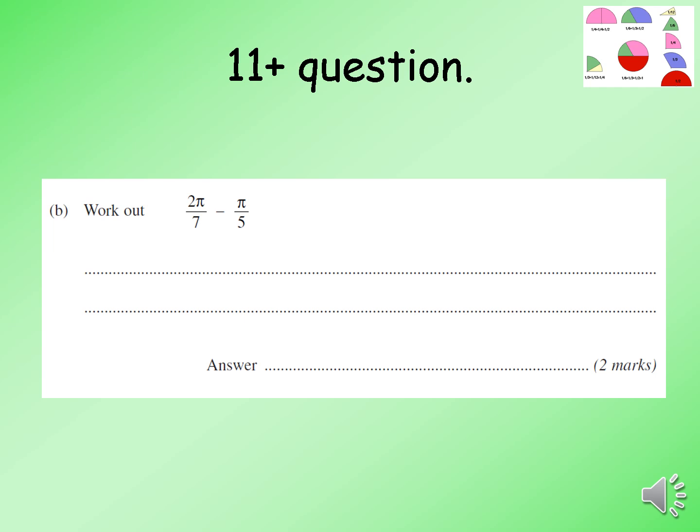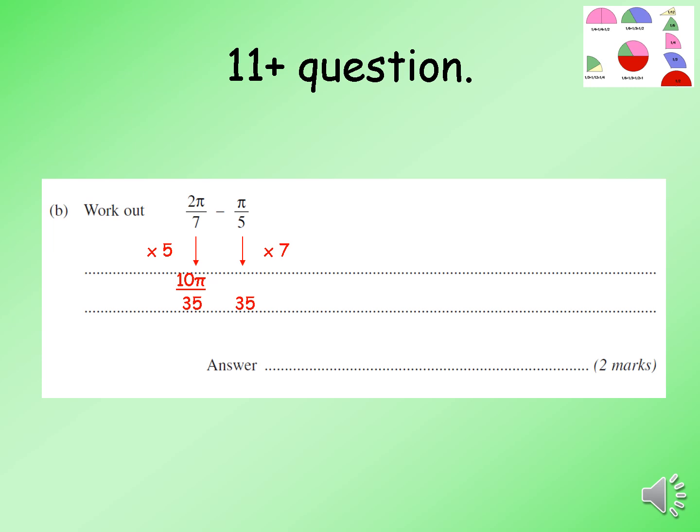The common denominator, of course, is 35. So we ask ourselves, what did 7 need to be multiplied by to get 35? The answer, of course, is 5. So we multiply 2 pi by 5 gives us 10 pi. Looking at the other side, the 5 had to be multiplied by 7.